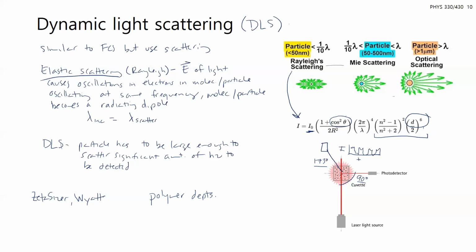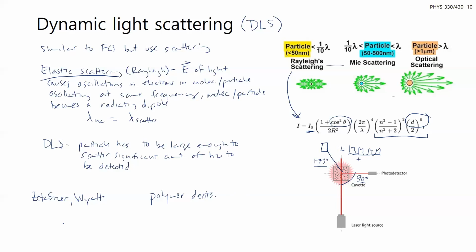Okay. So we've talked so far about 3 different techniques that you can get diffusion coefficients out of. Also with the DLS, the black box aspect of it, they don't typically give you your intensity trajectory versus time.